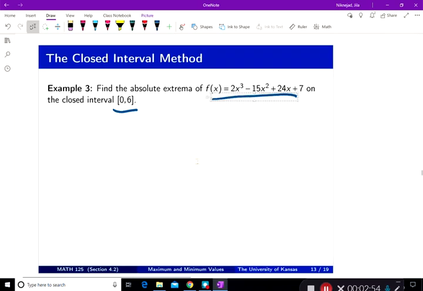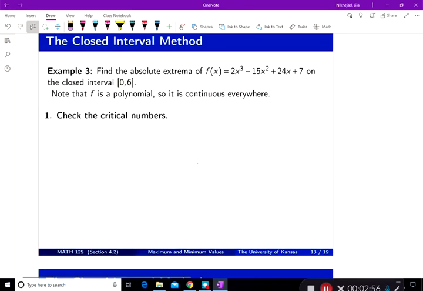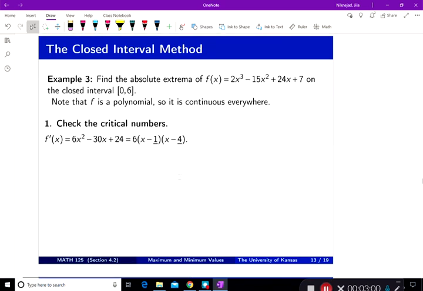And so now take the derivative. When you take the derivative here, 2x to the third minus 15x squared plus 24x plus 6, this one becomes 6. The derivative of the first term is going to be 6x squared.